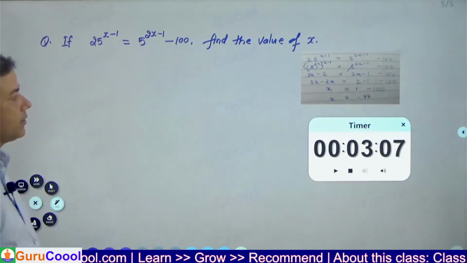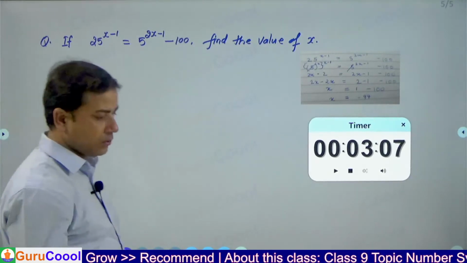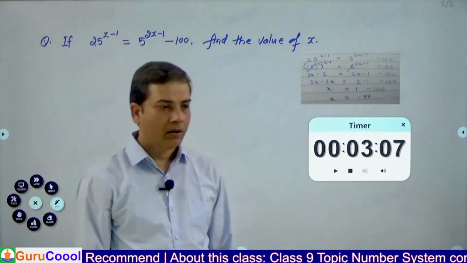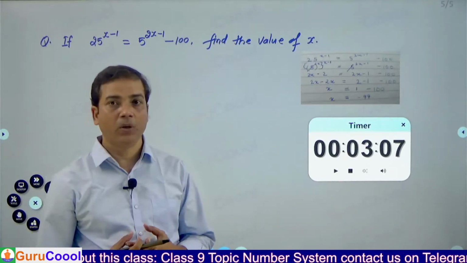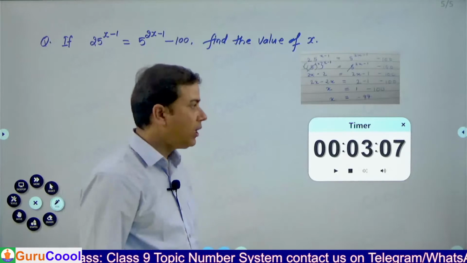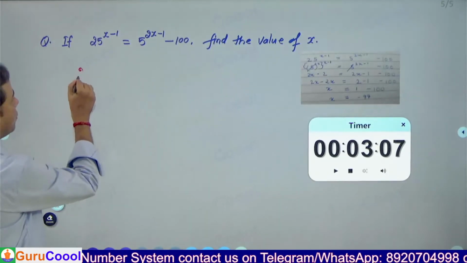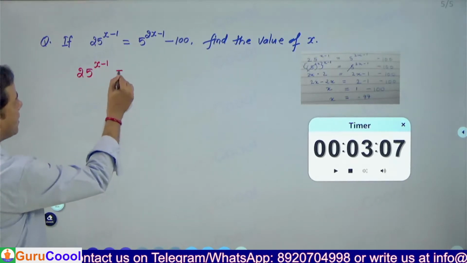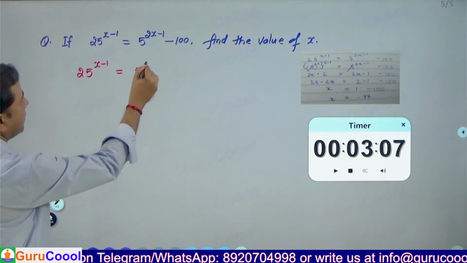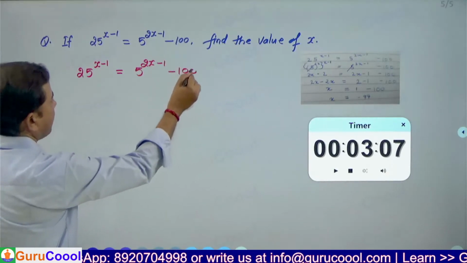Minus 99. Okay. See here, how to handle the question. Our situation is like something beyond the rules. We don't have any rule like this. 25 raised to the power x minus 1 is equal to 5 raised to the power 2x minus 1 minus 100.